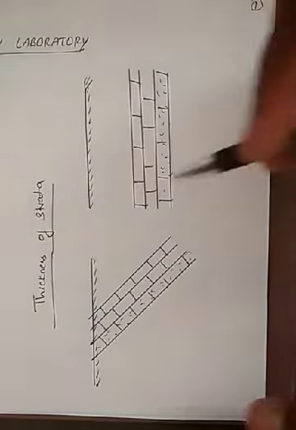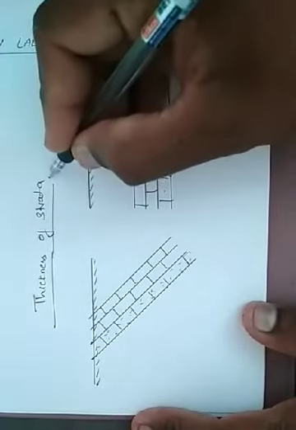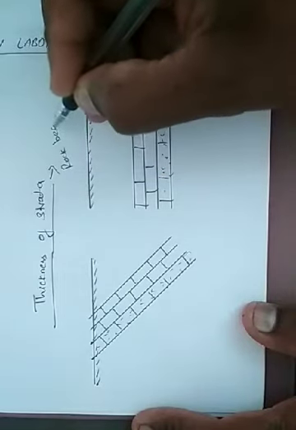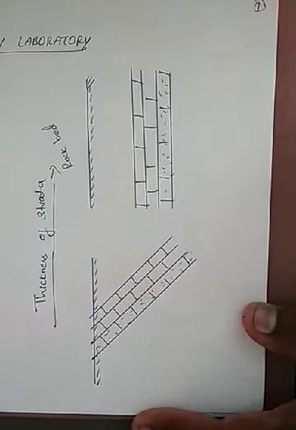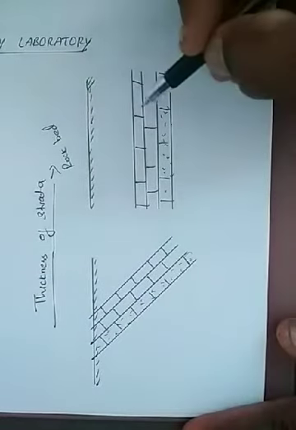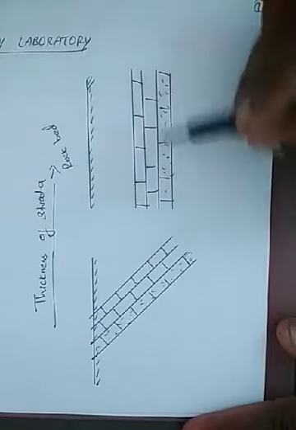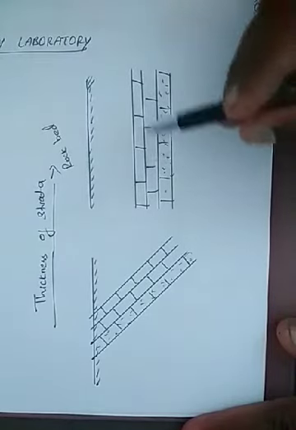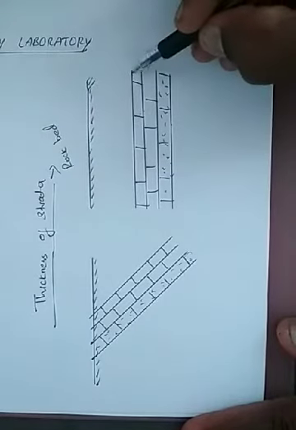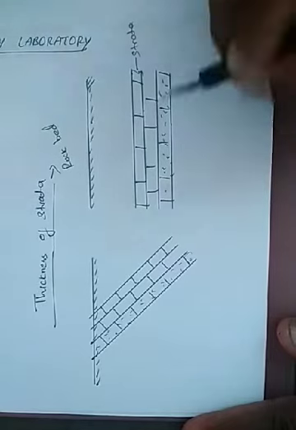So what do you mean by strata? The strata means the rock bed. If you look below the surface of the earth, the rocks are deposited in the form of layers or beds. A single individual bed is termed a stratum.